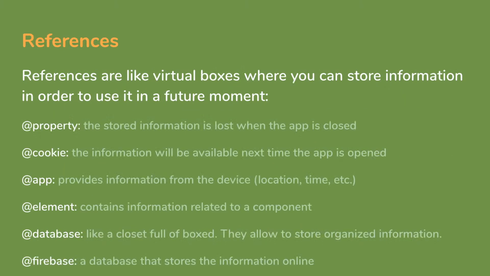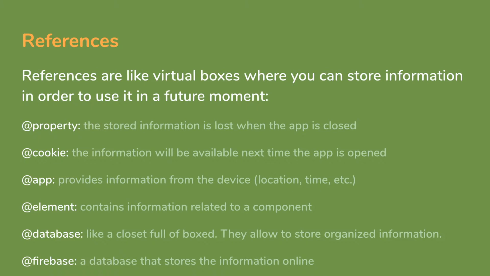Then we have references. The references are also very important and very powerful, because references are, imagine, virtual boxes inside the app where you can put some information in order to use it later.